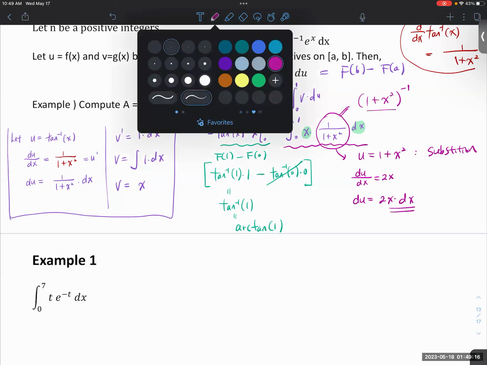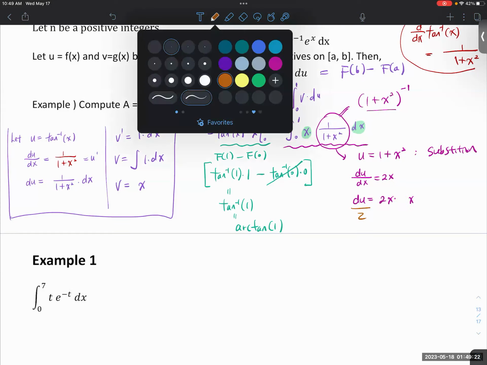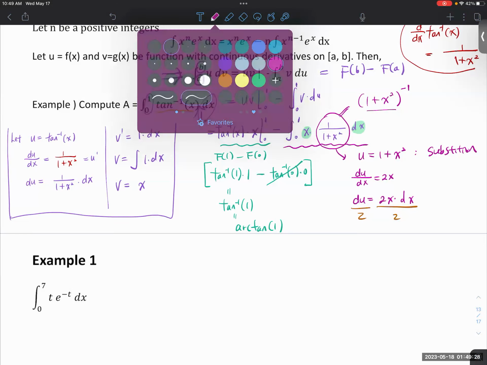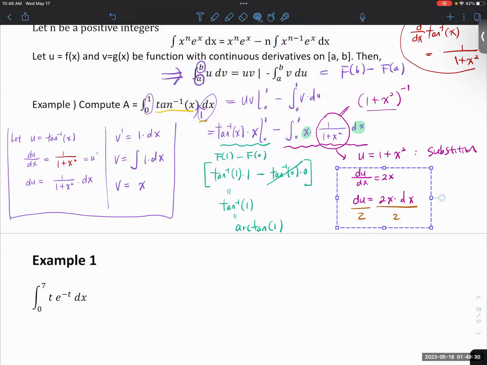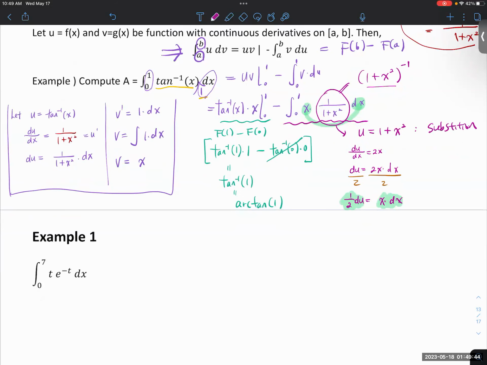So then we need to find x times the dx. If you divide both sides by 2, we have exactly 1 over 2 du equal to x times the dx. That's what we got. x times the dx is 1 over 2 du. So we can now rewrite all the information.